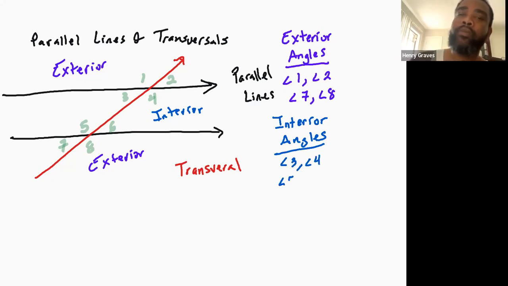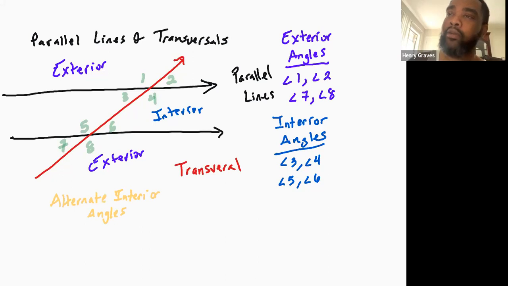Now we're going to talk about alternate angles, specifically alternate interior angles. So if an angle is alternate, that means they're on opposite sides of the transversal.